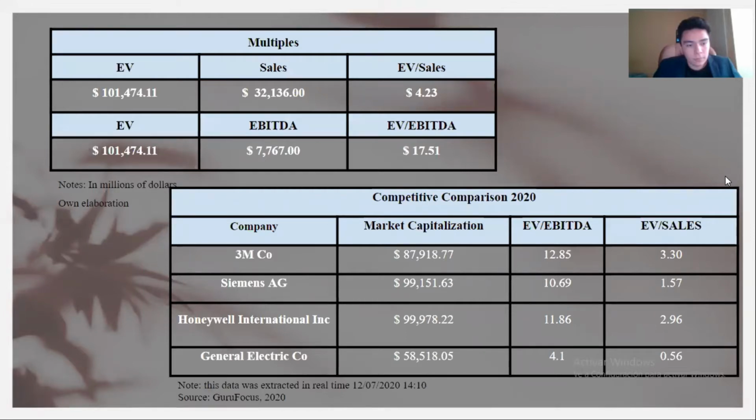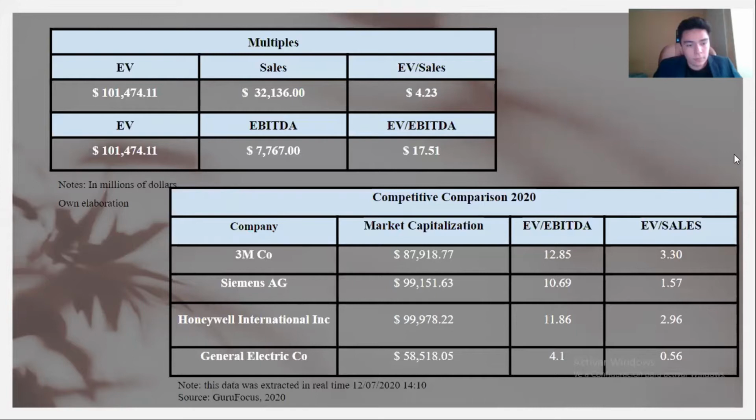The first multiple, which is enterprise value to EBITDA, when it's greater than 10 times, it's considered that the stock is overvalued or the market considers it to have a growth potential. In 3M, 2019 was 17.51 and now is 12.85.